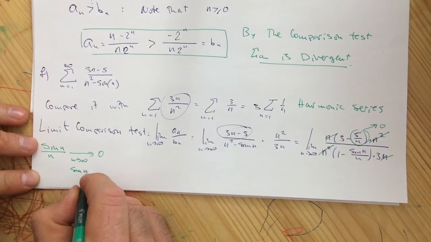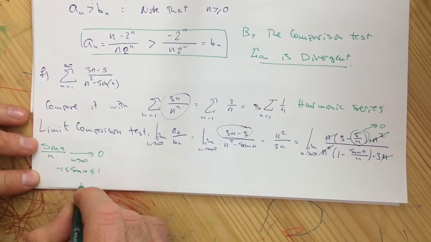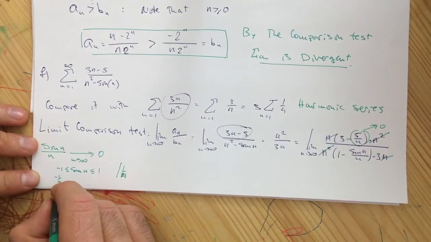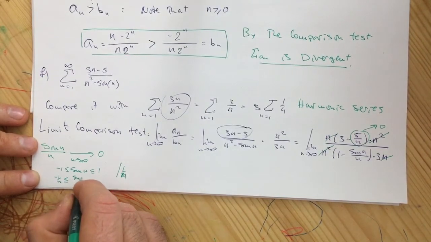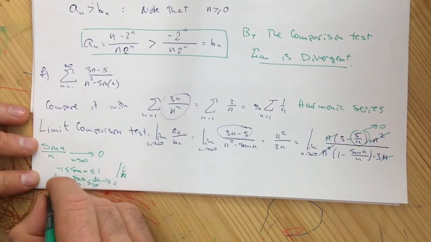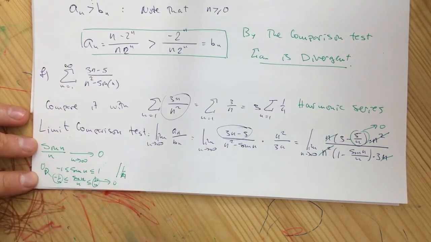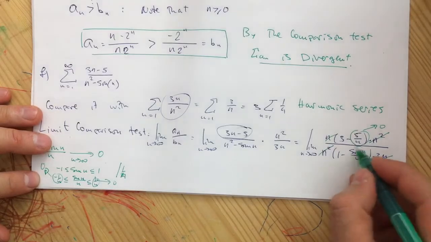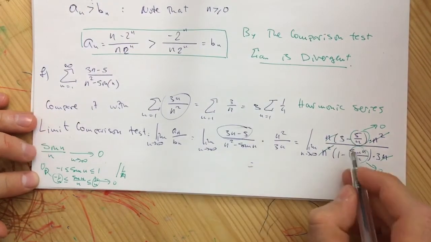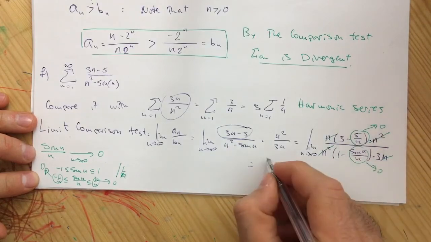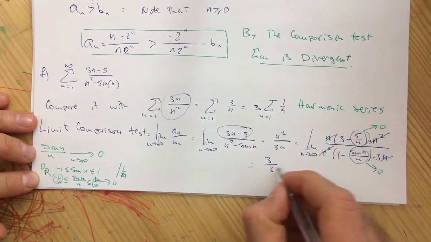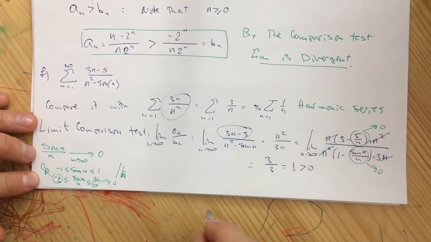Why? Because sine of n is between -1 and 1. If you divide both sides by n, -1 over n is less than or equal to sine of n over n, which is less than or equal to 1 over n. These go to 0, so sine of n over n goes to 0. So what are we left with? This limit is 3 minus 0, which is 3, over 1 minus 0, which is 1, times 3, which is 1, which is greater than 0.